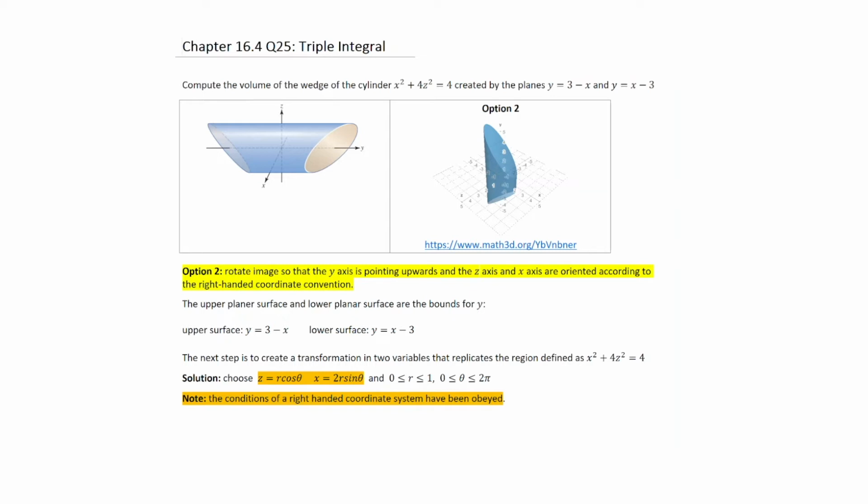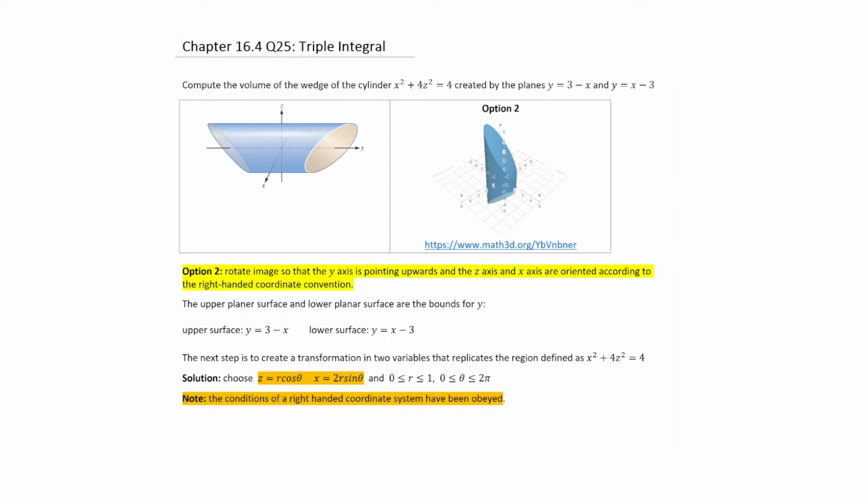Now if you substitute those expressions into the equation of the cylinder, you'll end up with 4r squared sine squared plus 4r squared cos squared. So the cos squared and sine squared basically just become 1.